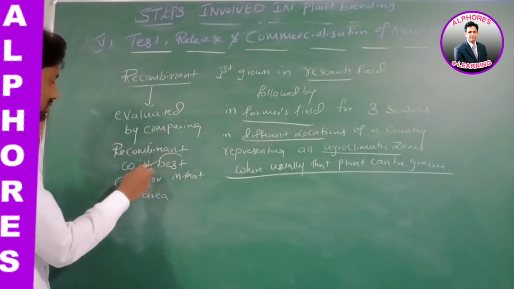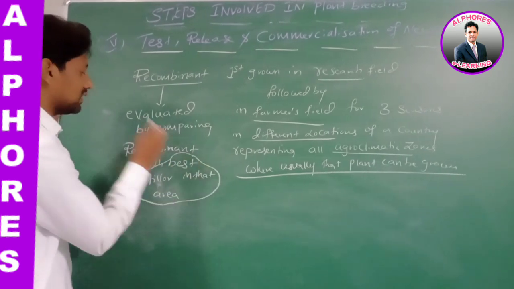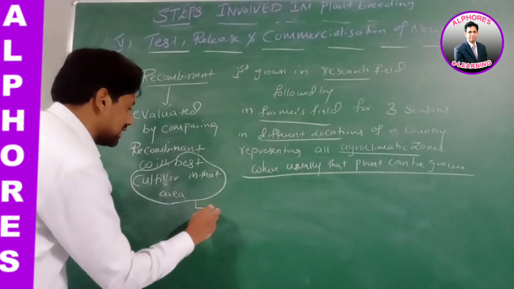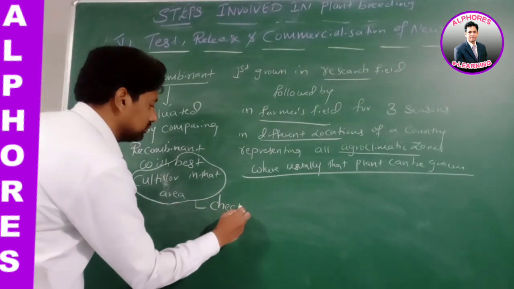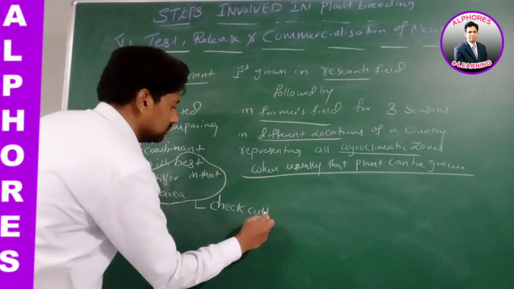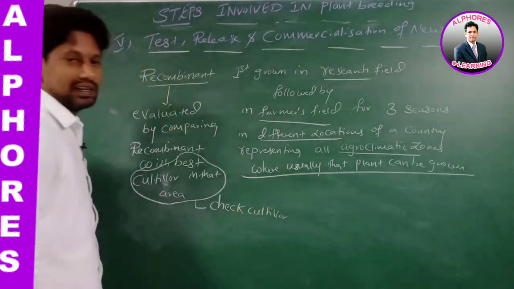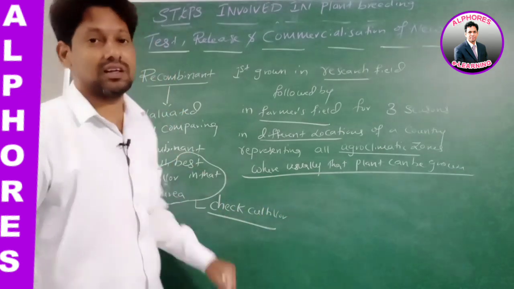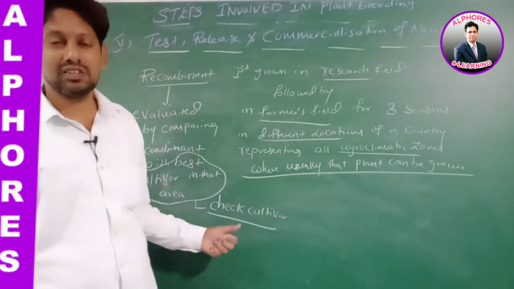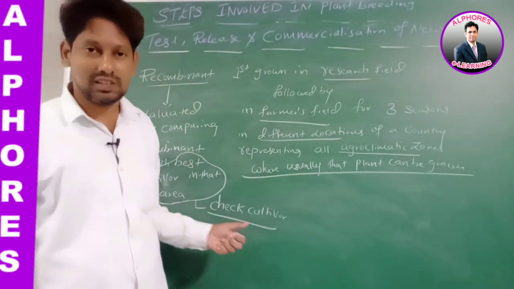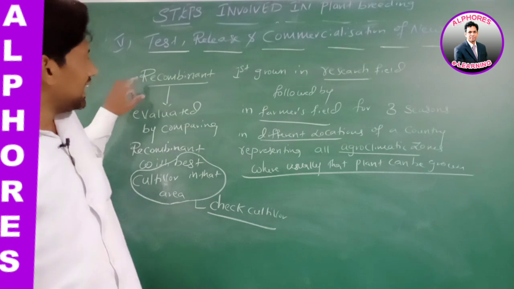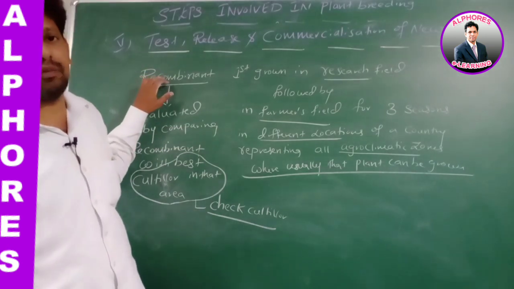Sir, this best cultivar available in that area is called a check cultivar. It is also called a reference cultivar. It is also called what? Reference cultivar. Sir, we are evaluating the performance of this recombinant, yes or no?